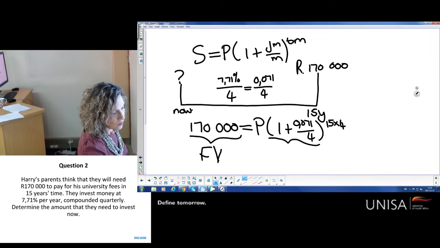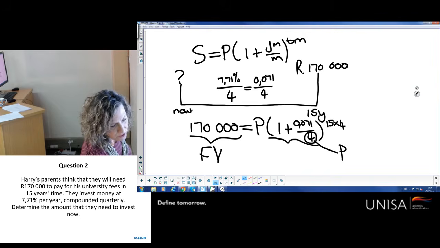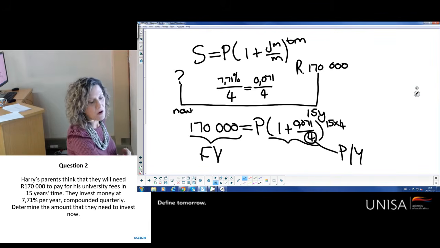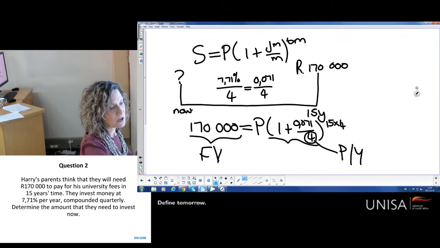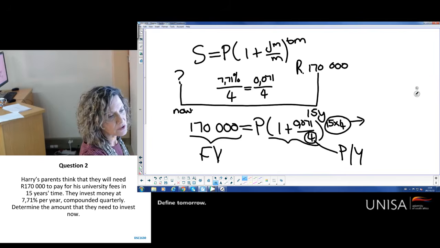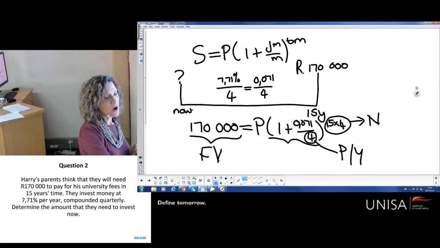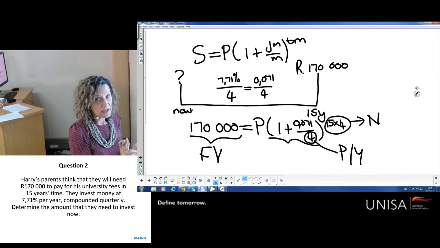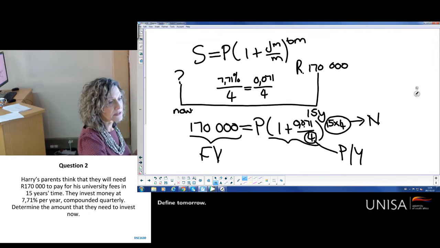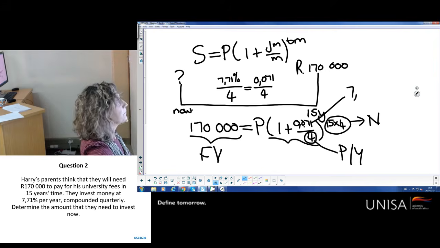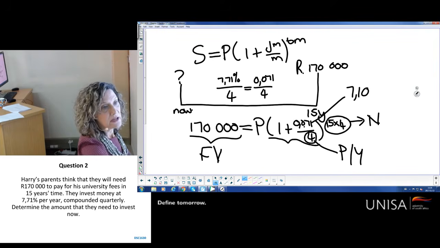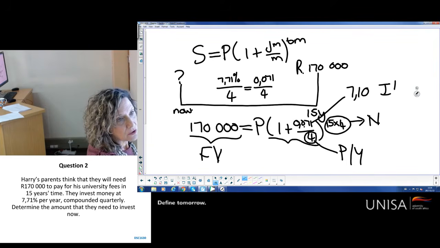Your 4 is your periods per year. Your 15 times 4 is your N value. And your 0.071, just be careful, remember, you enter your interest rate as a percentage, right, is then your interest.